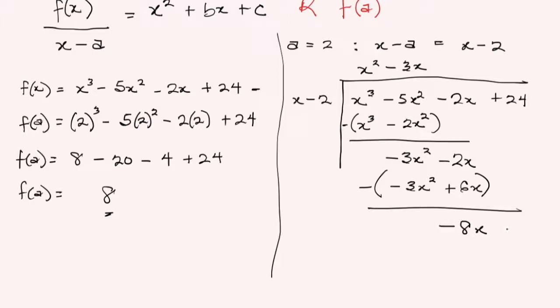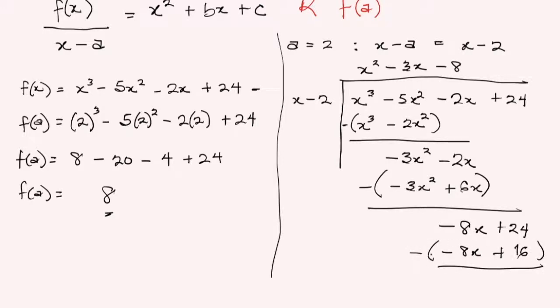We bring down the next term, which is plus 24. Minus 8x divided by x is going to be equal to minus 8. Minus 8 multiplied by x is equal to minus 8x. And minus 8 multiplied by minus 2 is equal to plus 16.